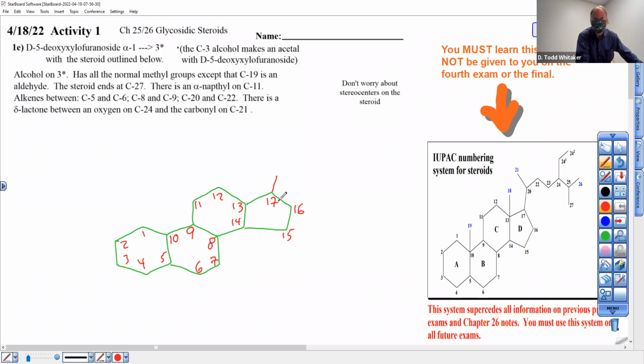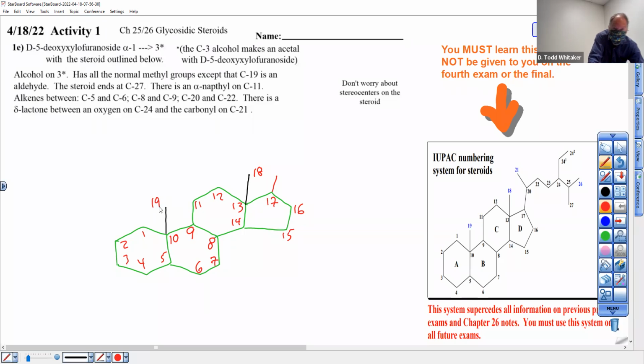Now, almost every steroid has 2 methyl groups. One of them is here on this bridgehead, and its carbon number is 18. Almost every steroid also has this methyl group. It's very rare when these methyls are missing. 19.